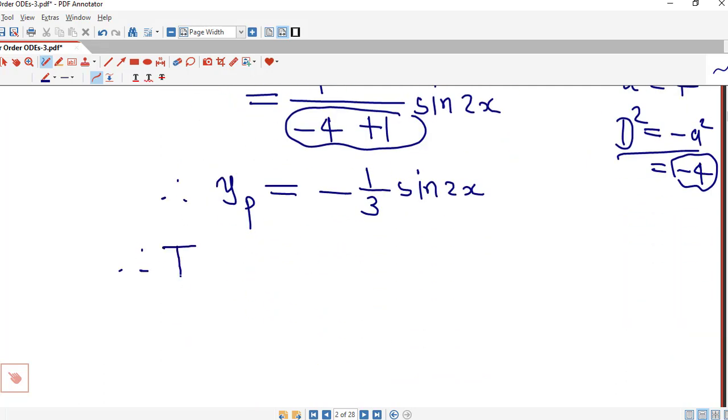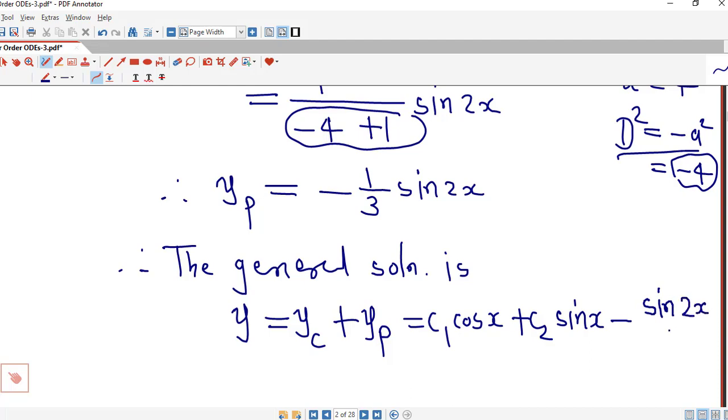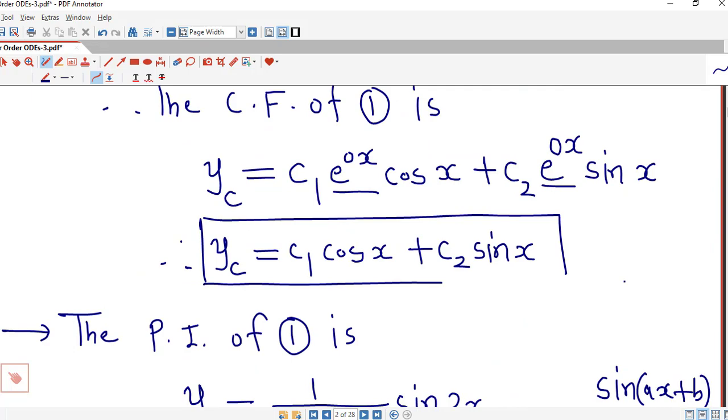And finally we have to write the general solution, which is the addition of complementary function and particular integral. So the general solution is y equal to y suffix c plus y suffix p. The complementary function was c1 cos x plus c2 sin x, and here the particular solution or particular integral is sin 2x by 3. So let me check the complementary function.